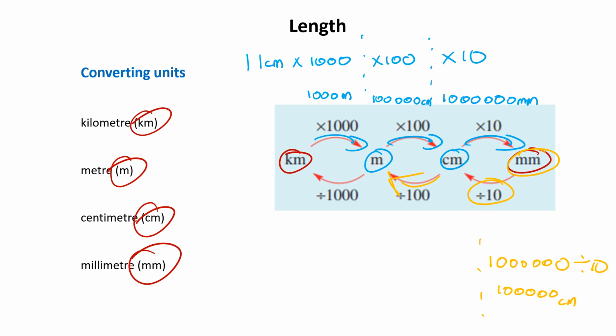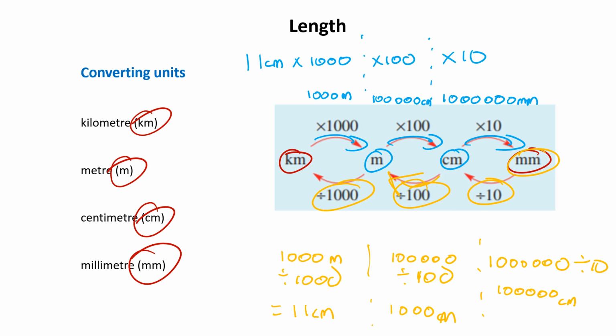I get 100,000, and I'm going to divide by 100. That's this step here. That would give me 1,000 meters. Okay, and then I'd be doing 1,000 meters divided by 1,000. That's this point here. And that would give me 1 kilometer.